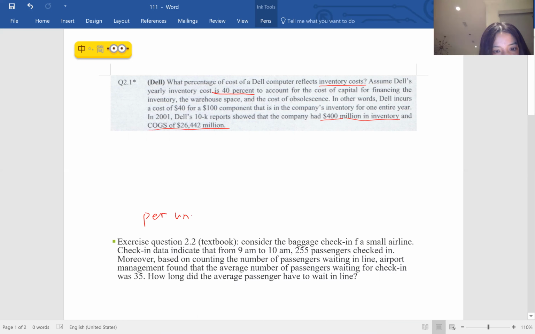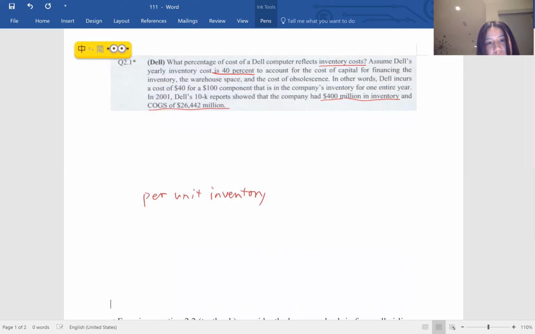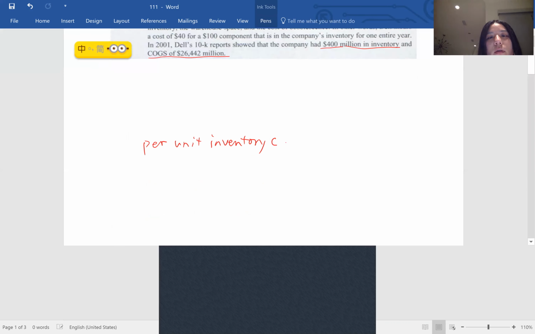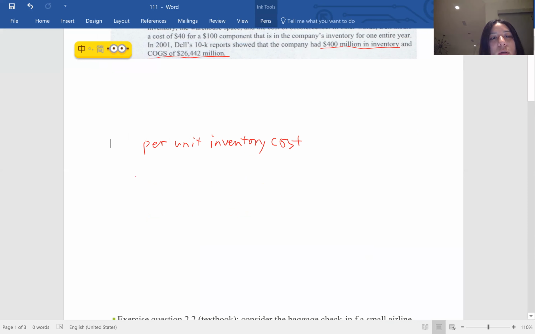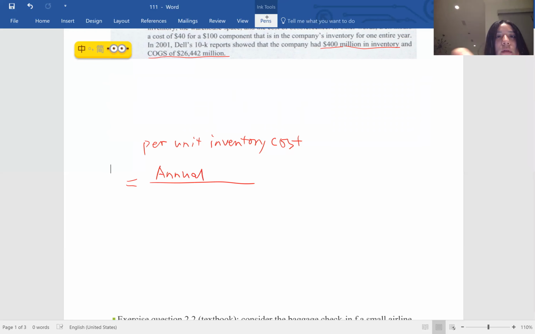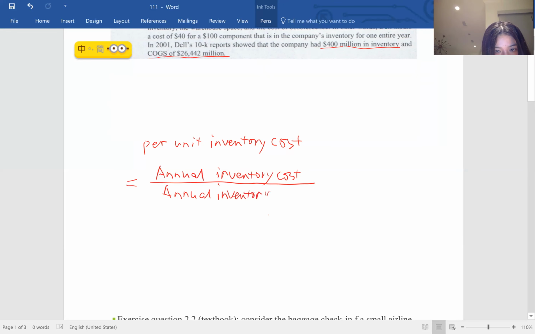The per unit inventory cost equals annual inventory cost divided by the annual inventory turns.